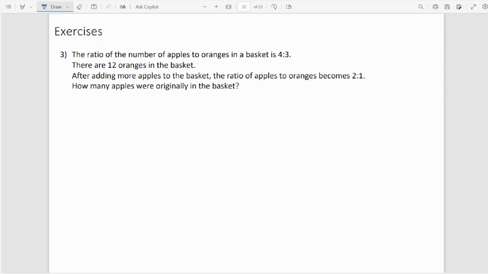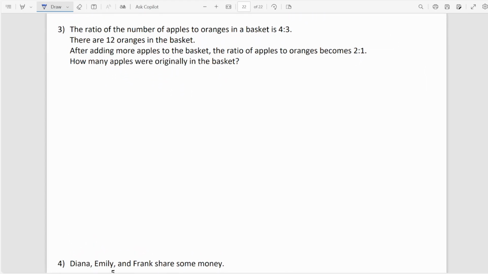Moving on to exercise 3. Again, pause the video and try to do it on your own. The ratio of the number of apples to oranges in a basket is 4 to 3. So we have apples, we have oranges, the ratio is 4 to 3. There are 12 oranges in the basket. So we know the number of oranges, it's 12.